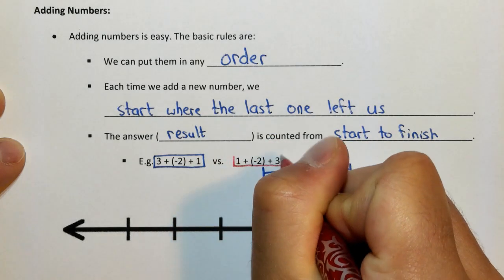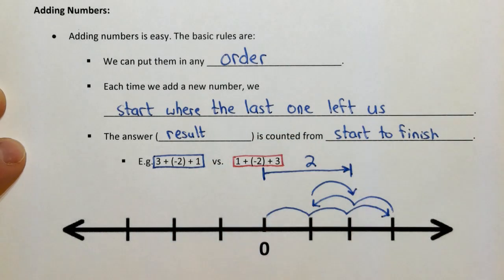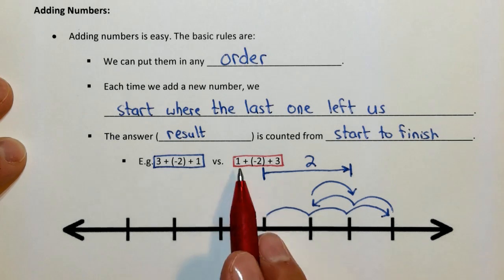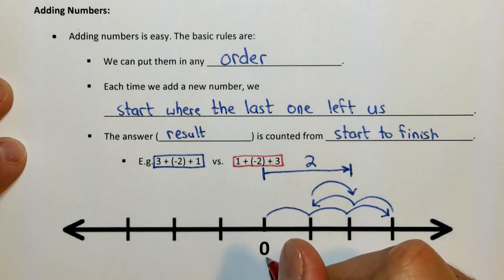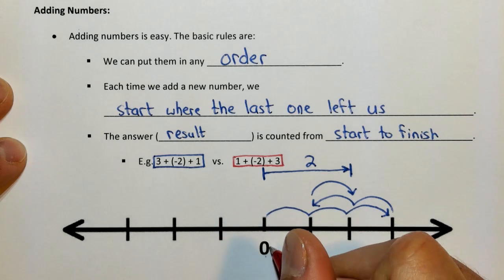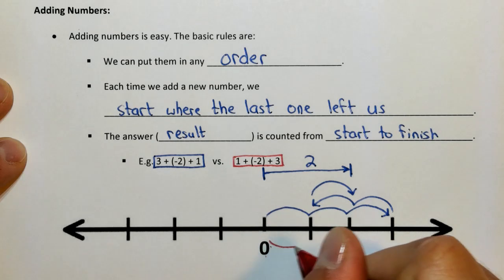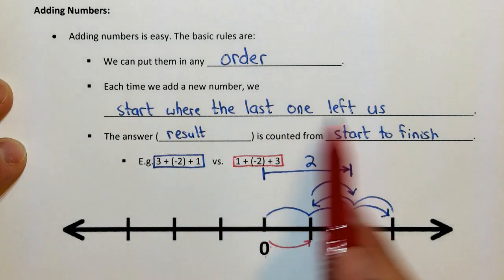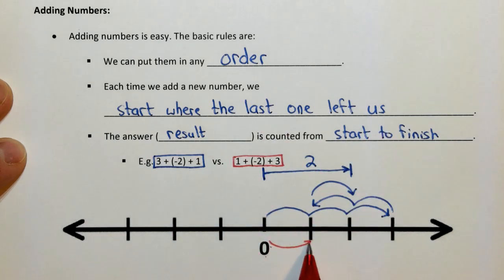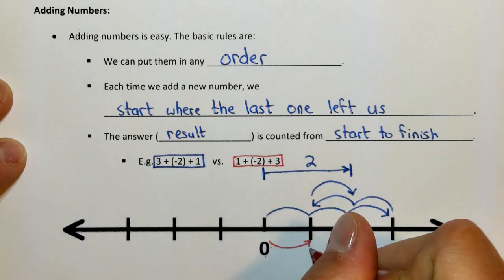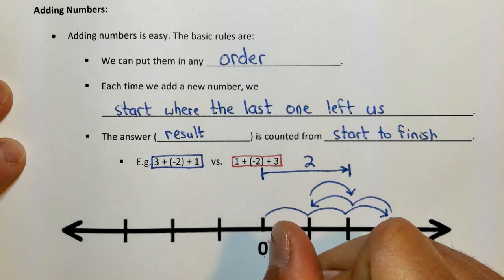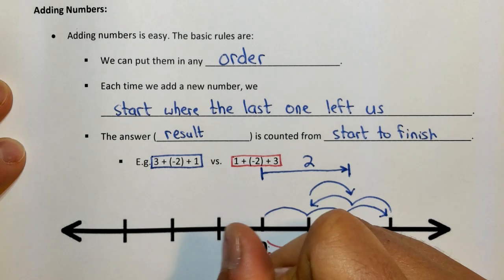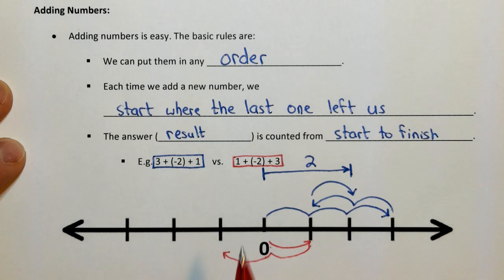Again, it's the same numbers, just in a different order. So let's start with the 1. Okay, then making sure I start where the last one left me, over here, I'm going to do -2. And then, starting where the last one left me, over here, I'm going to do 3.